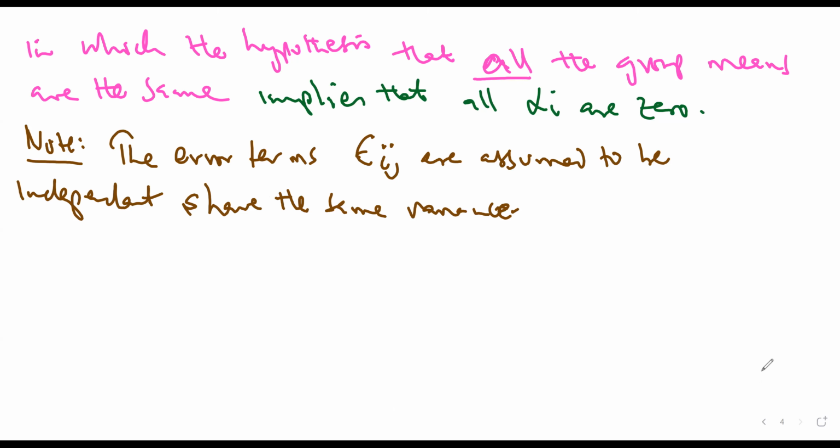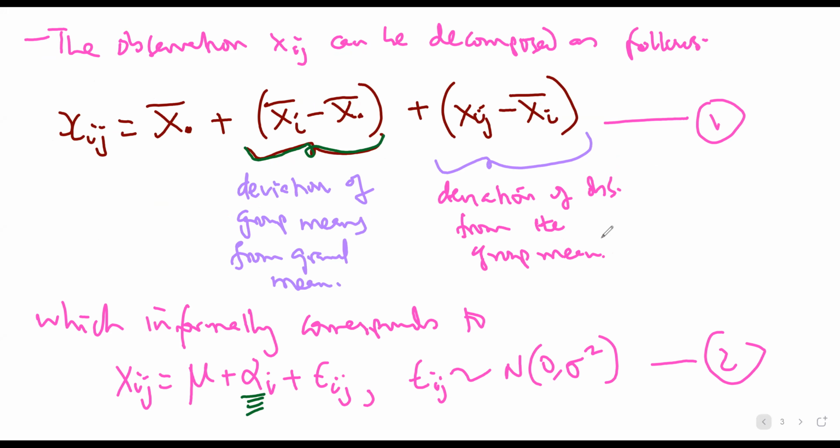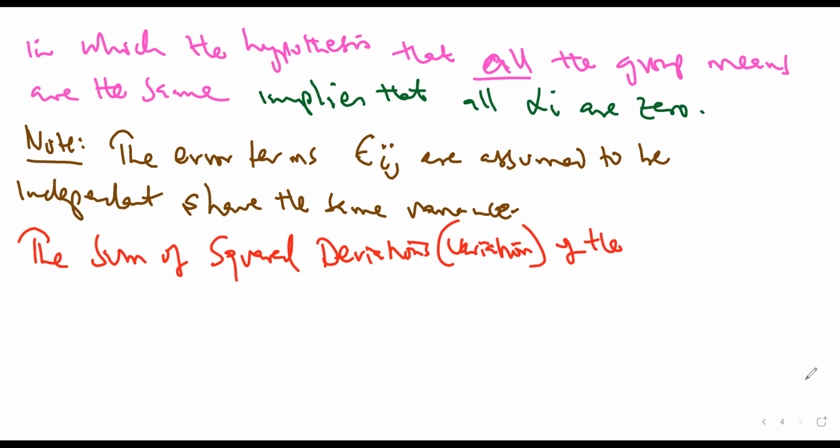All right, then let's continue by looking at something else, the sum of squared deviations. Let's have a subheading here: the sum of squared deviations, or variation, of the terms in this equation number 1, the under-braced terms.